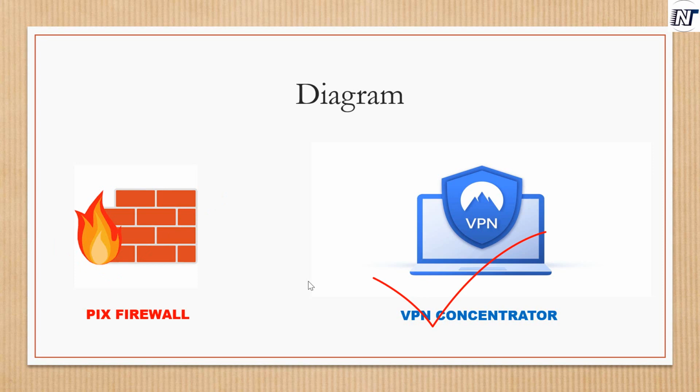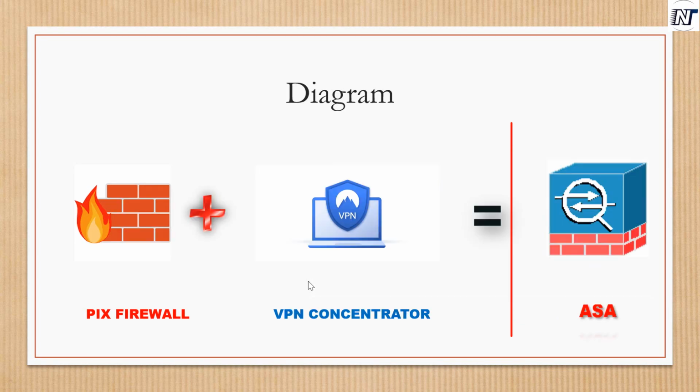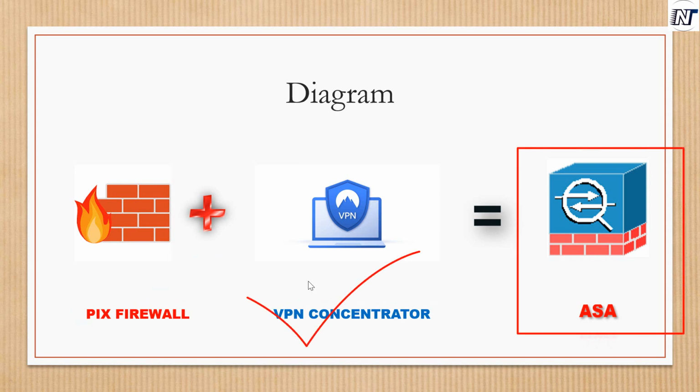And then in the early 2000s they combined the capability of the two products into a single product called Adaptive Security Appliance, known as ASA firewall, which was the combination of the capabilities of the PIX firewall and the VPN capabilities of the VPN concentrator. And that's how the ASA firewall came into the picture.